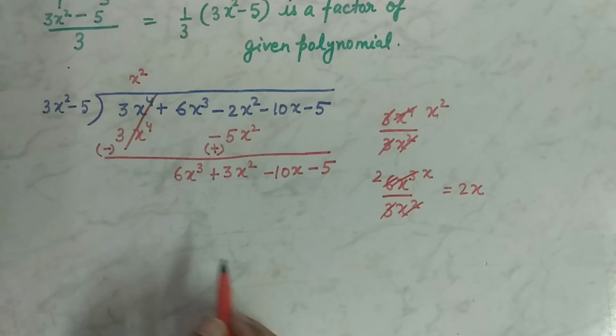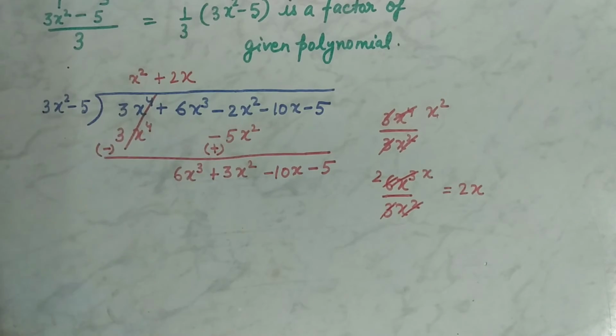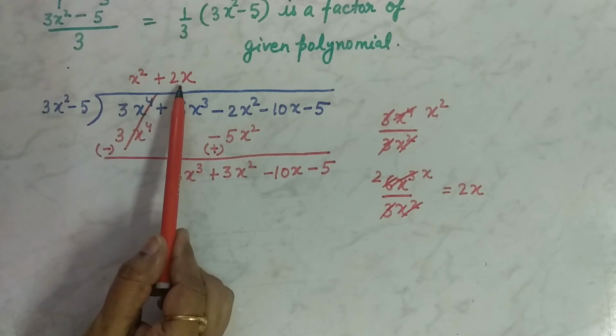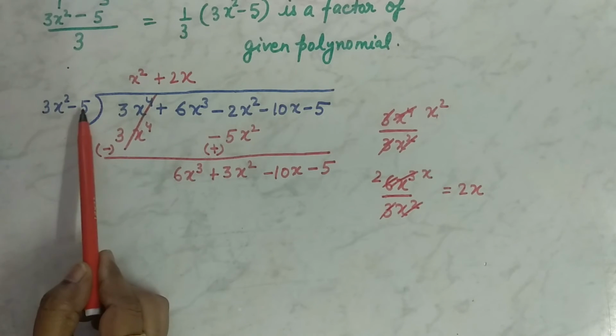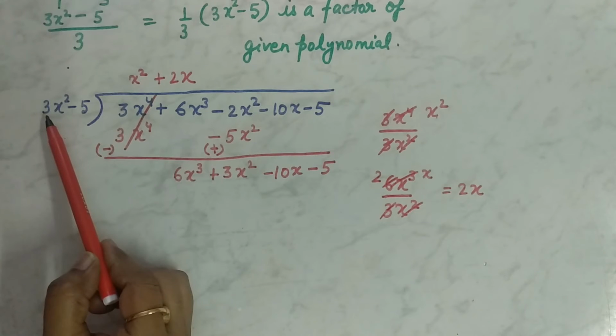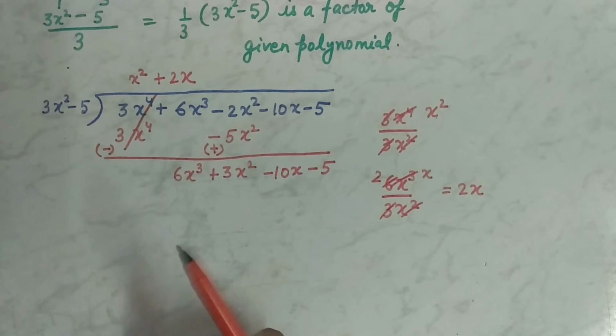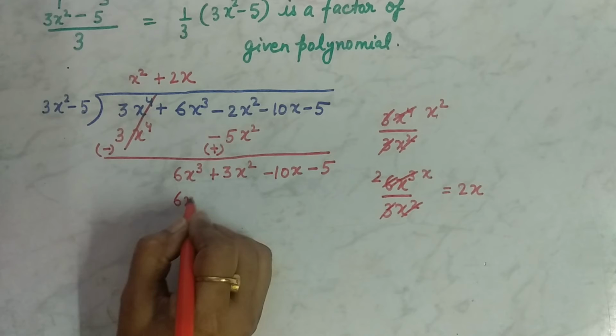Okay, so now I write plus 2x here in the quotient part, and I will multiply this 2x with each term of the divisor. So when you multiply 2x with 3x square, you will get 6x cube. So I write here 6x cube.